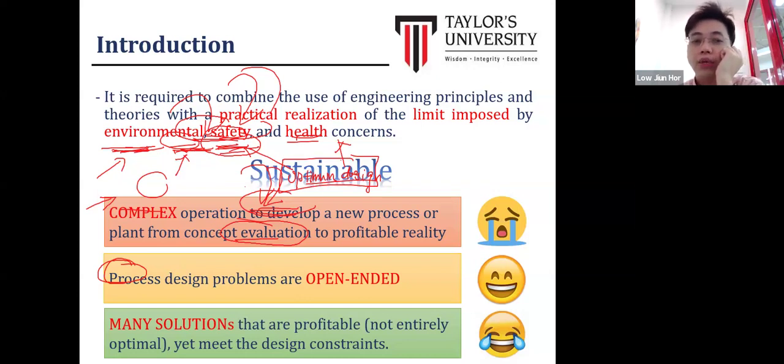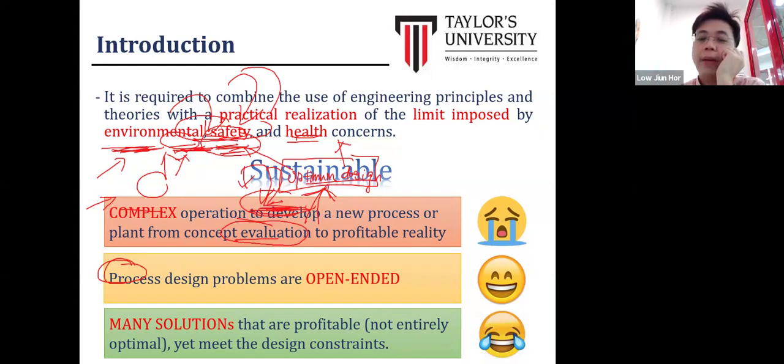Meaning that sometimes we need to address some of our concerns or the criteria given by our customer or our boss or investor. Because we want to fulfill these concerns or criteria, for some of the elements of some of the stages, even though we have the best option, we cannot go according to the best option. Why? Because we need to fulfill the criteria or factors given by our stakeholder.